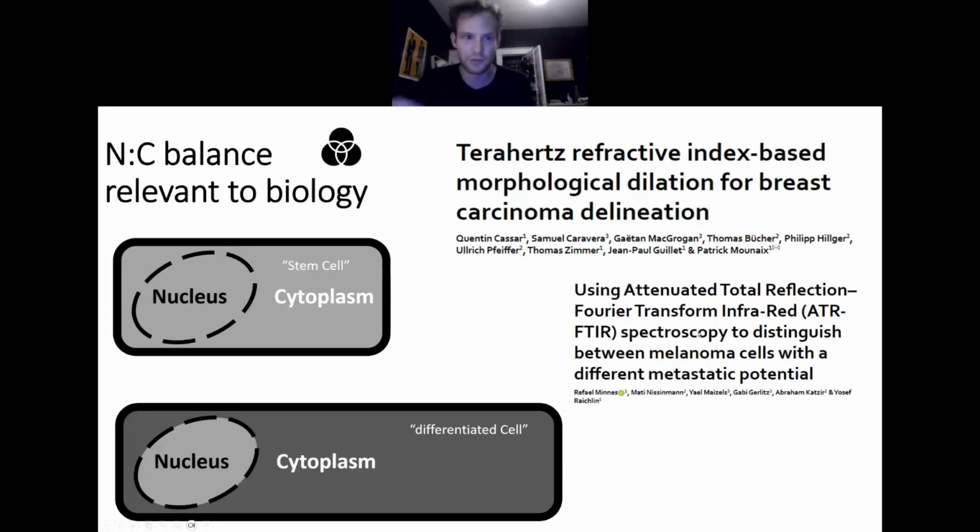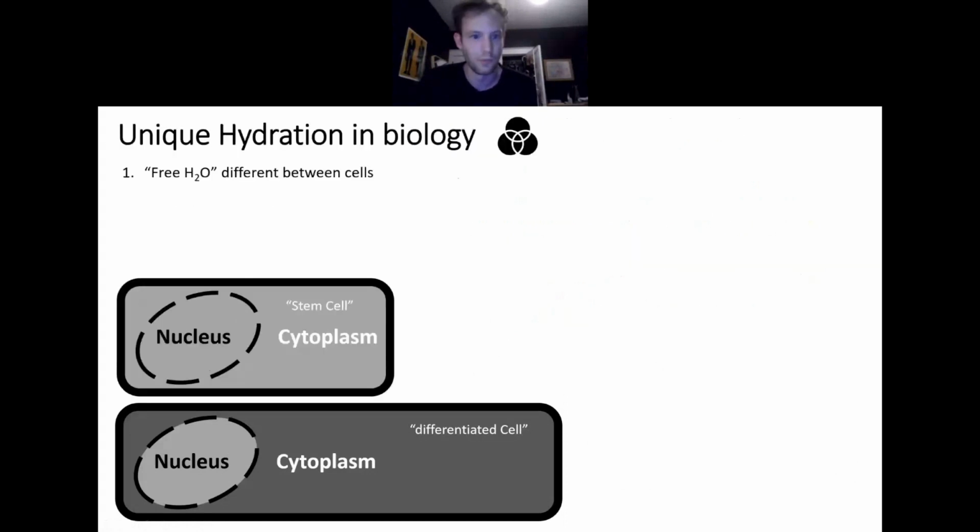So now engineers are trying to use these roundabout ways of looking at light for hydration to actually identify cancers and tumors, which I think, again, supports this idea that unique hydration environments for cells are really, really important.